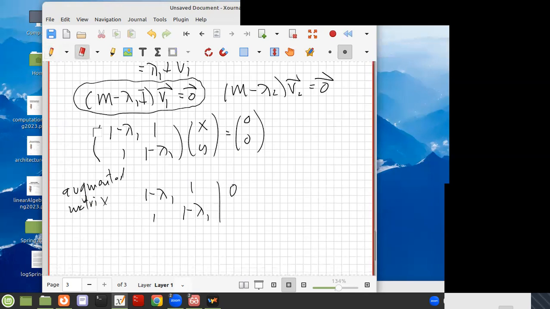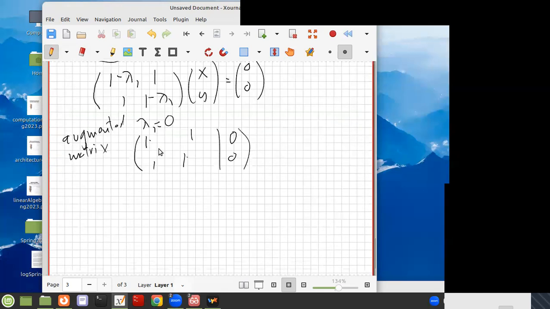It's not a determinant. I'm putting in the particular values for lambda 1, so I use the fact that lambda 1 equals 0. There's no extra lambda because these are the particular values I found when I factored the polynomial equation.